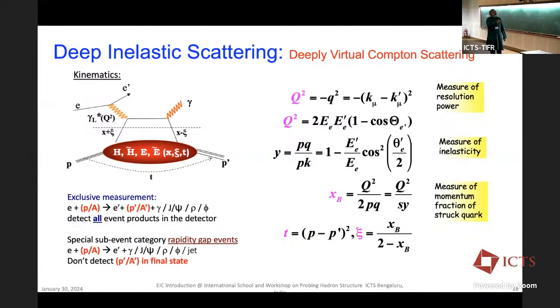So in the final state, it is e p goes to e prime, p prime, plus either a photon, or in this case, there could be J/psi, et cetera, and I'll come back to that. And in case it is J/psi, then this exchange is not a quark, it's a gluon. So that's how we measure the internal dynamics that way.